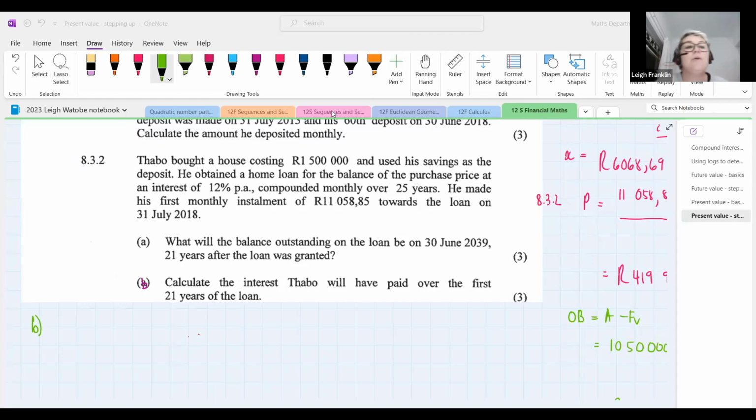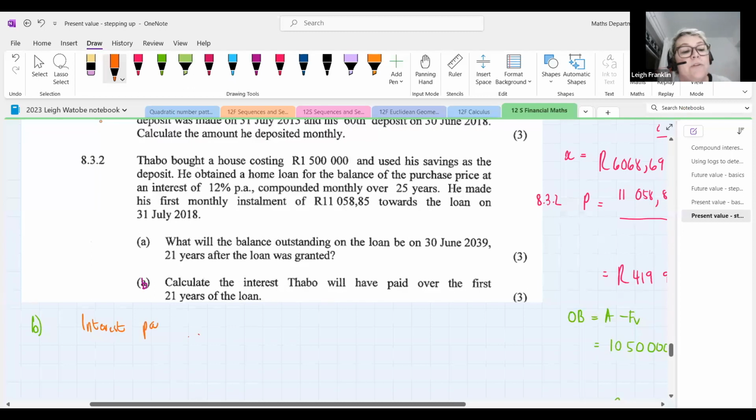Okay, so I'm going to set it out for you like this. If they ask you to calculate interest paid, this is what you have to do. Number one, you have to work out how much of the loan has been settled. Okay, so your settled amount, how much of the loan is paid off.